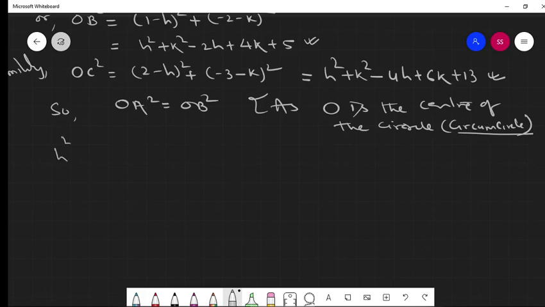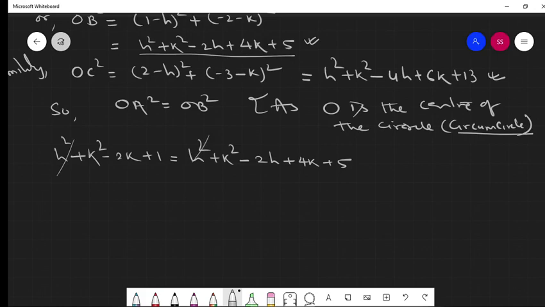That is h square plus k square minus 2k plus 1 equals h square plus k square minus 2h plus 4k plus 5. Now which can we cancel?